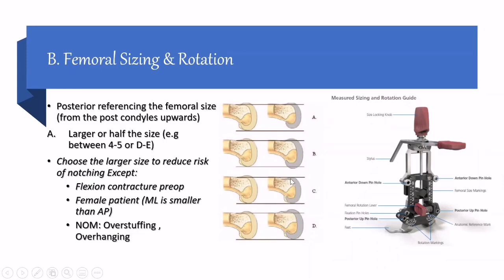Here is a downsize, but you can see in figure C there is a notching of the anterior cortex, and it may risk a supracondylar fracture. And here we can see in D, this is an overstuffing, or it may cause overhanging anteriorly and reduce the excursion of the quadriceps tendon.